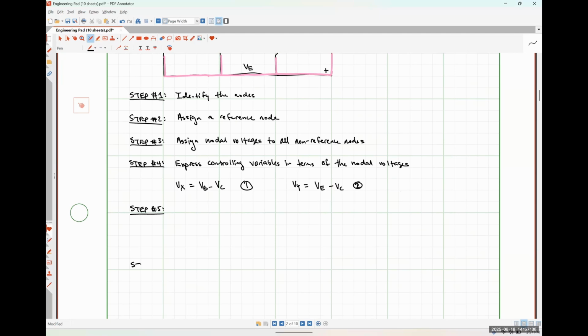I think that should be fine. Leave myself some space here for step number 6.